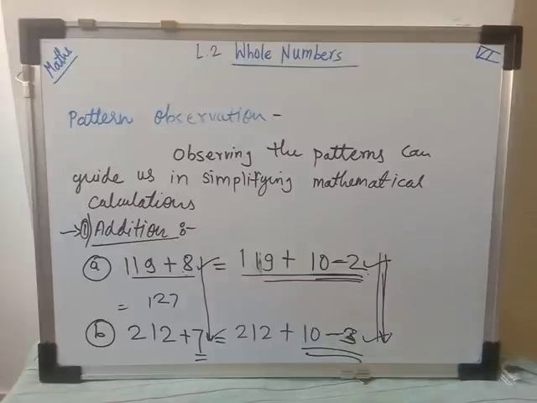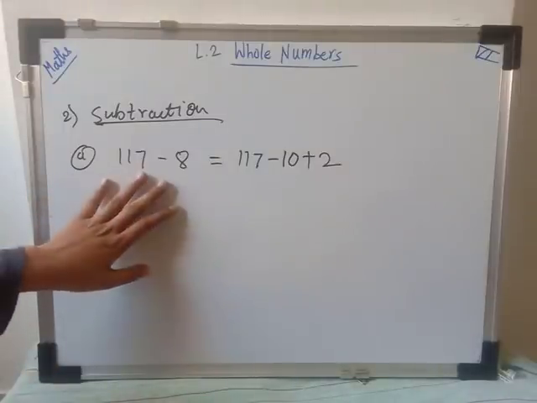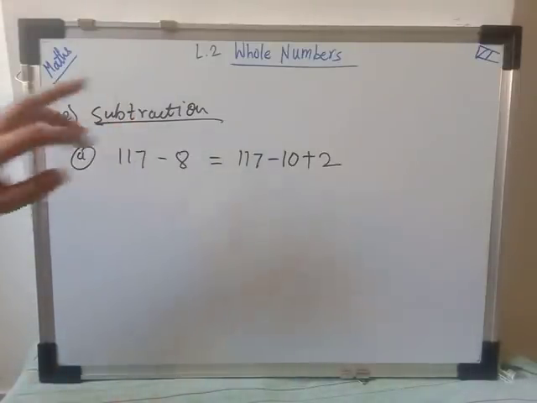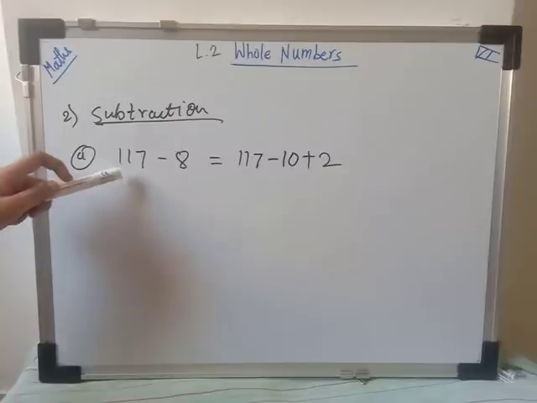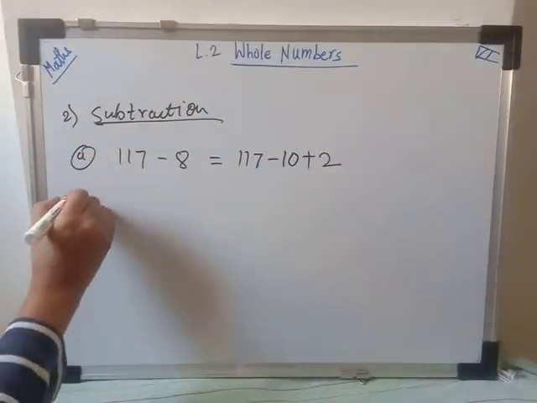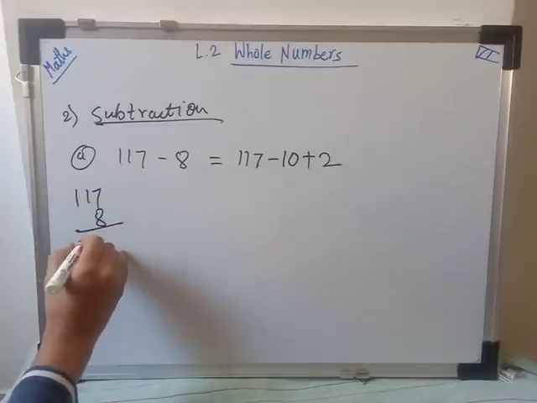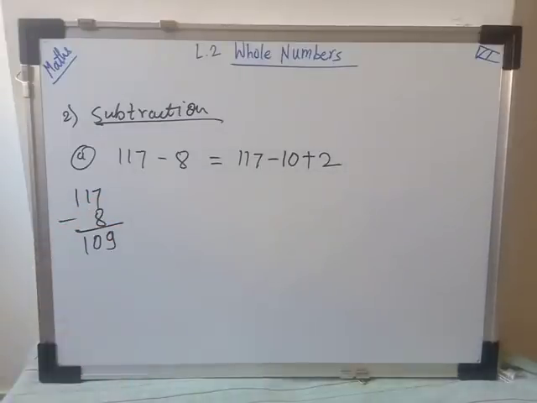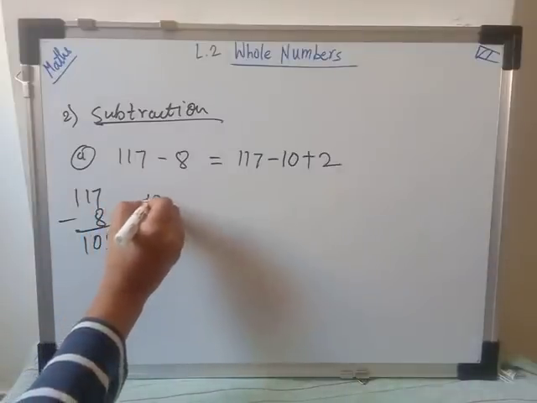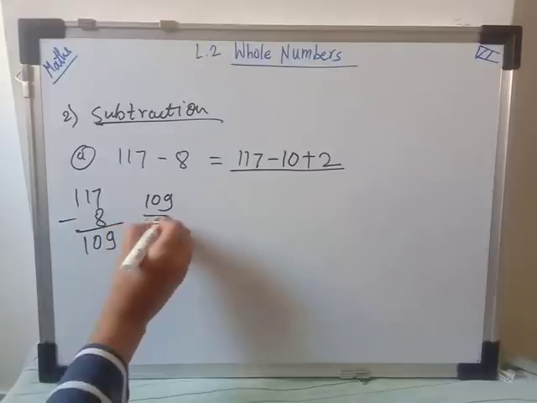Let's see the pattern for the subtraction. Here we are going to see one example for the pattern for the subtraction. Our example is 117 minus 8. Let's find out the answer for this. 117 minus 8 is equal to 109. If you are arranging in a different pattern, still you should get the same answer.